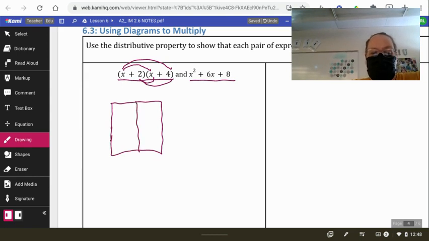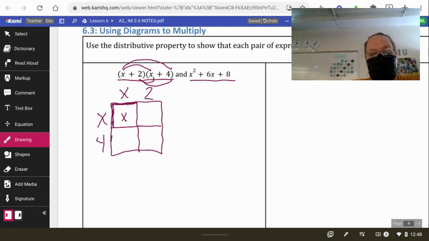For example, if I use the box method, I know many of you like this one. So I'll have x plus 2 and x plus 4. Remember that when I multiply using the box method, I'm multiplying whatever is in this location on top by whatever is on that side of the box.